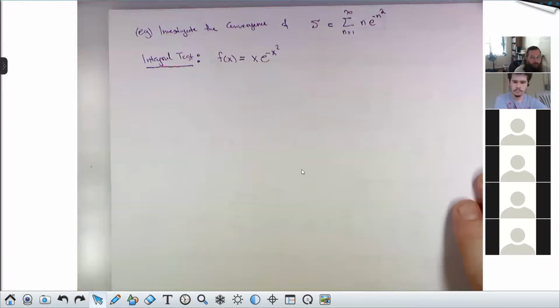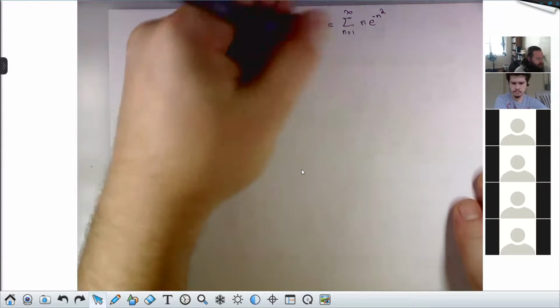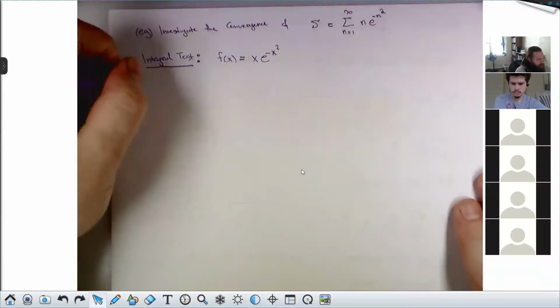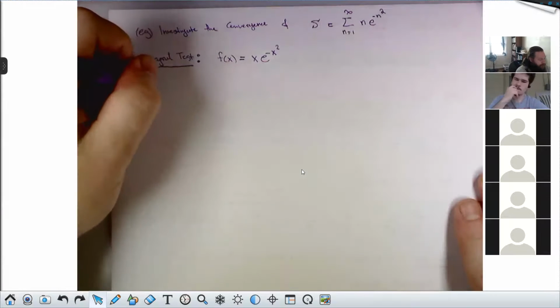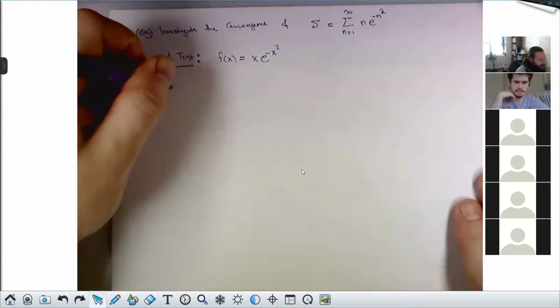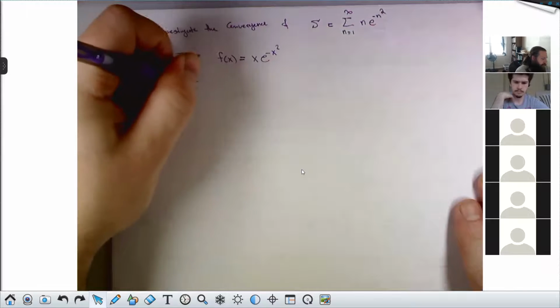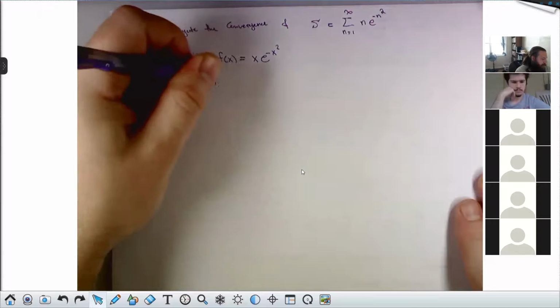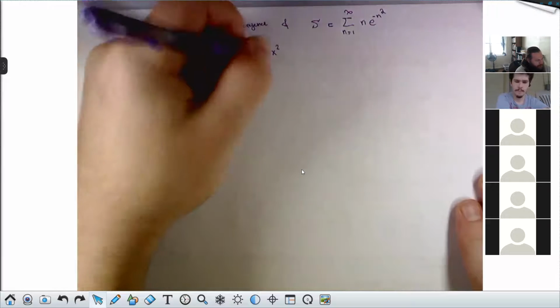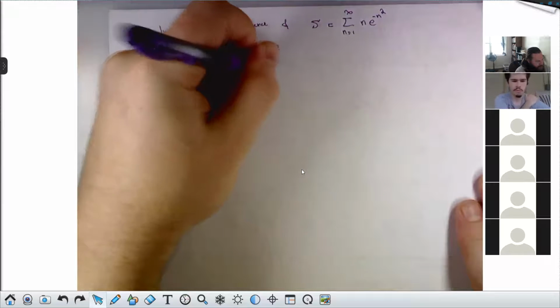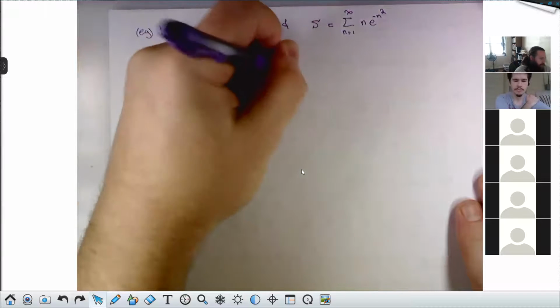And I want to know, is this positive, continuous, and decreasing on the interval 1 to infinity? So is this positive on the interval 1 to infinity? Well, e to some stuff is always positive.